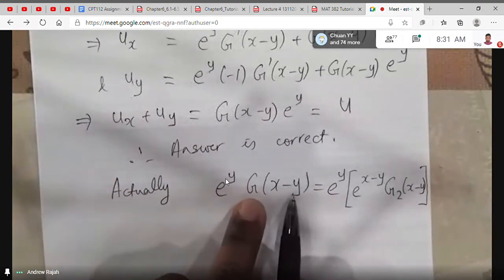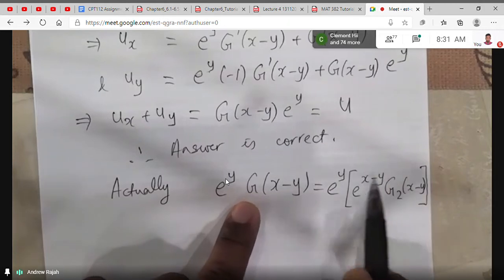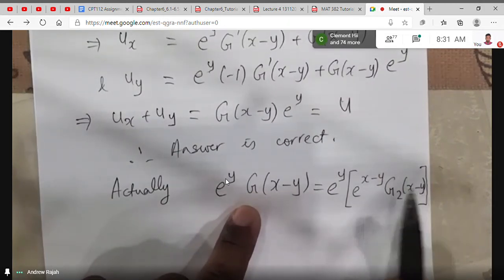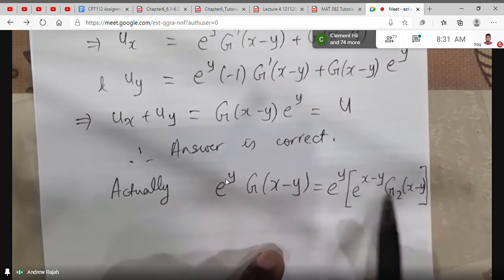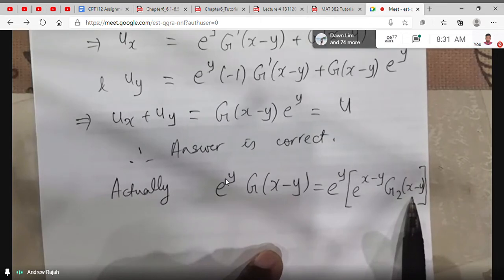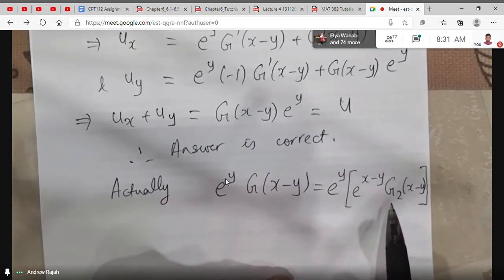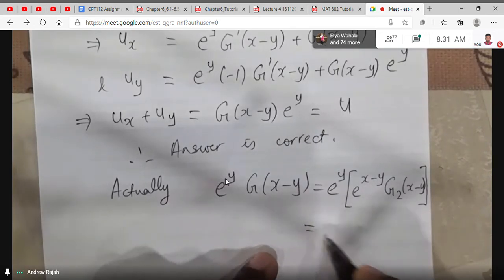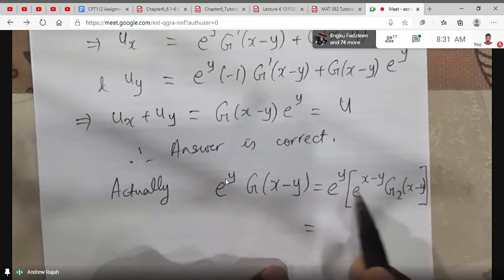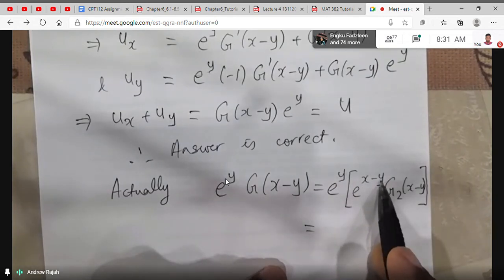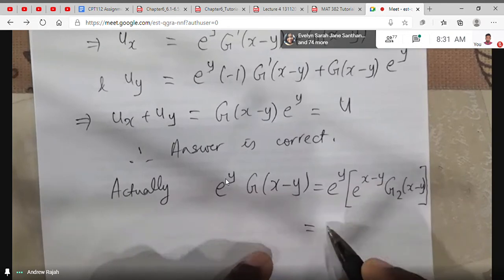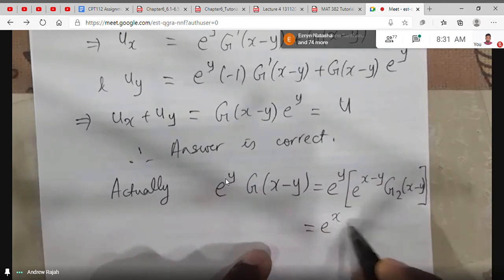Okay, this is a function in x minus y. This is also a function in x minus y. One function of x minus y times another function of x minus y is still a function of x minus y. And these two, when you multiply, the y and negative y cancel off, and you get e to the power of x.